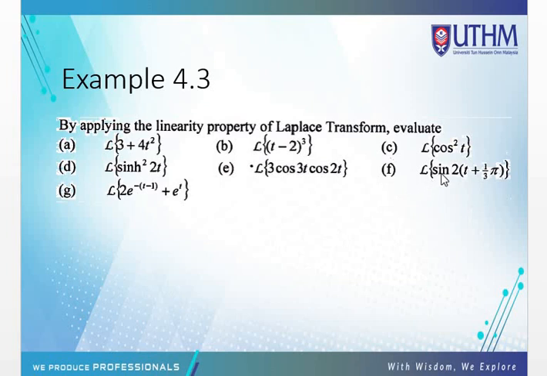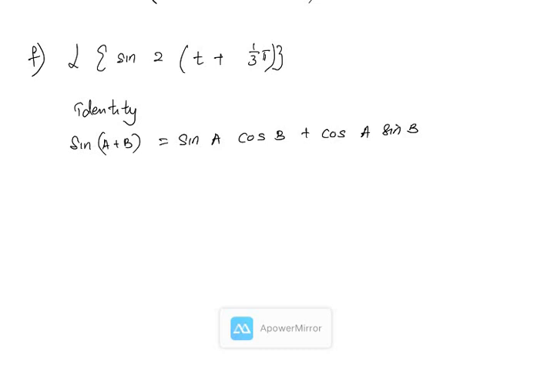Question F, Laplace transform of sine(2t plus 2 over 3 pi). Again, from the identity sine(a plus b), we can get sine a cos b plus cos a sine b. So now we have sine(2t plus 2 over 3 pi). This is the sine for the question.